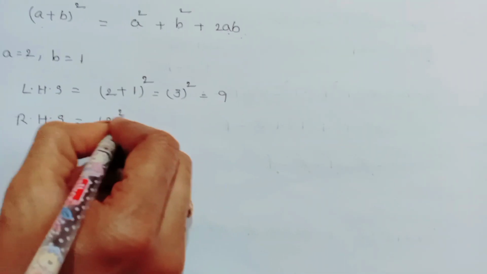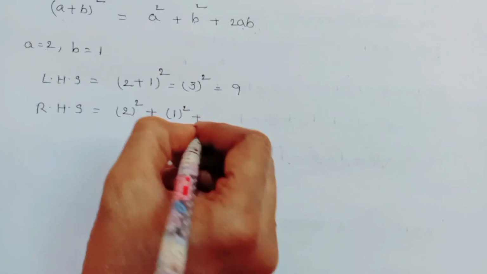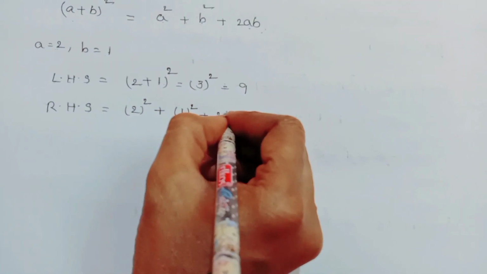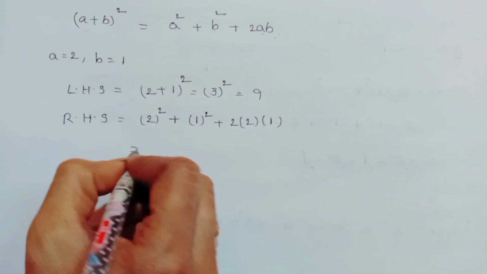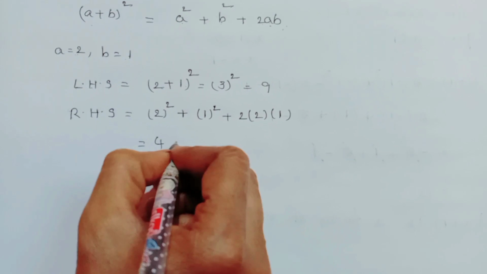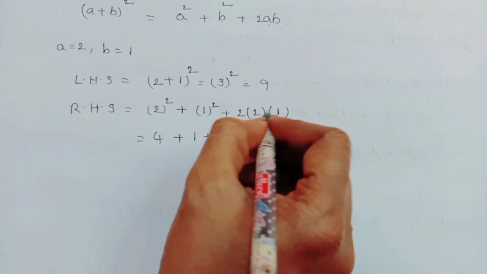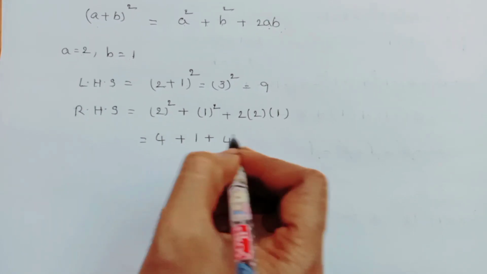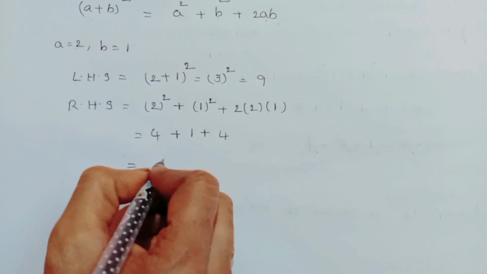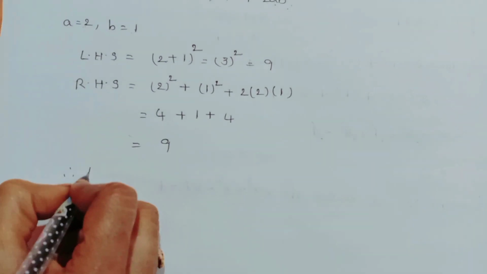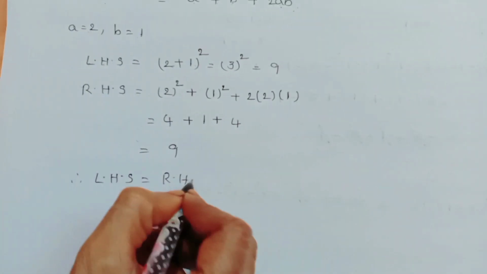So 2 whole square plus 1 whole square plus 2 into 2 into 1. 2 square means 4, plus 1 square means 1, plus 2 twos are 4, 4 into 1, 4. That is equal to 4 plus 1 plus 4, that is equal to 9. Therefore, LHS is equal to RHS.